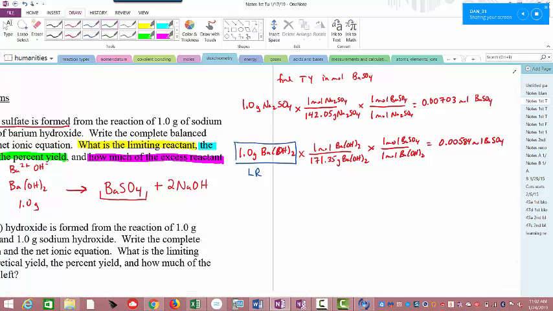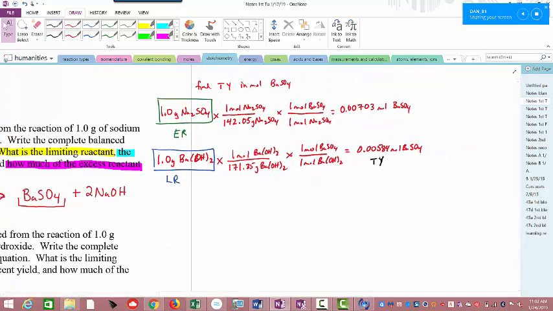That makes our sodium sulfate our excess reactant. So to find our theoretical yield in grams, we just take our theoretical yield in moles and convert it to grams.